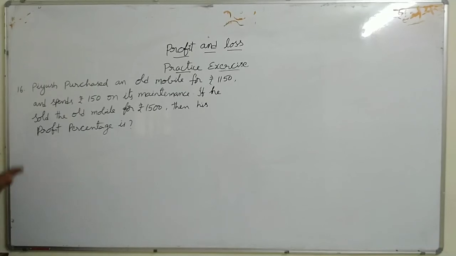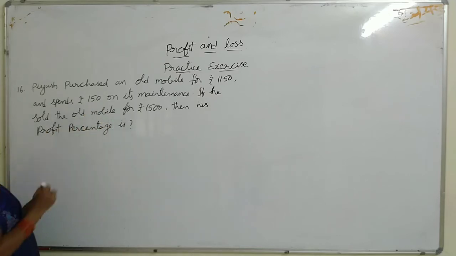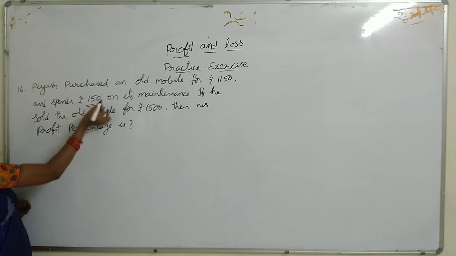The last question, 16th one. Piyush purchased an old mobile for 1,150 rupees and spends 150 rupees on its maintenance. If he sold the old mobile for 1,500 rupees, then his profit percentage. Here, purchase for 1,150 and maintenance charges 150.